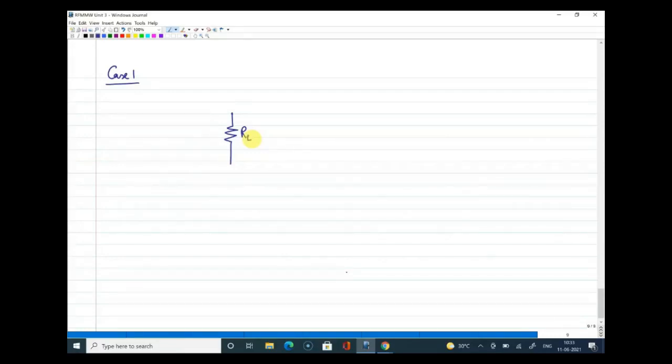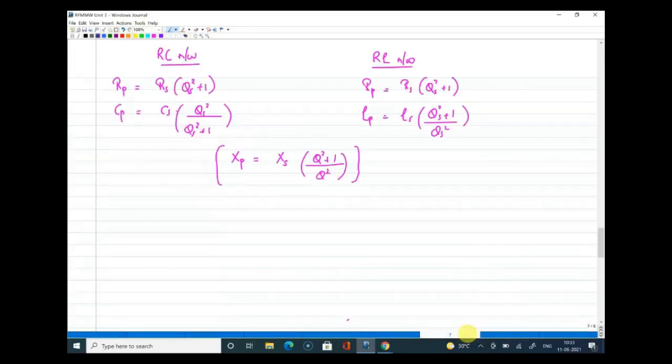All right, okay. So in order to convert this resistance into a lower value, from the previous formula discussion, we know that the relation between RP and RS is of this form, so RS can be written as RP divided by QS square plus 1, and definitely Q is something which we always tend to have as a large Q factor, or at least we can say Q factor much greater than 1.